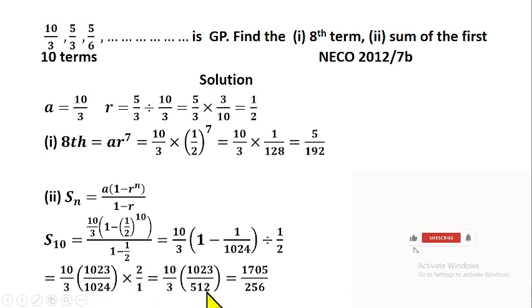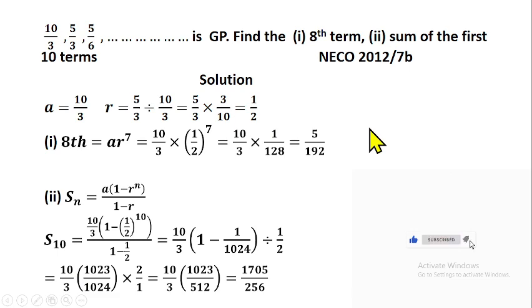That will give us 512. Then what else can we do? We have 10 over 3 multiplied by this. Then if you multiply this by this and this by this, and you cut, you'll have 1705 divided by 256 as the sum of the first 10 terms of the geometric progression.